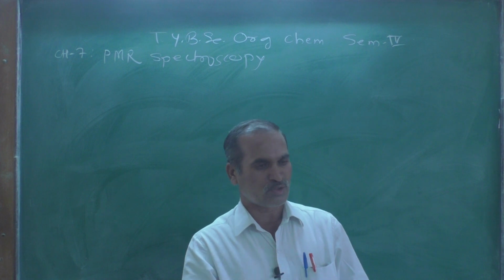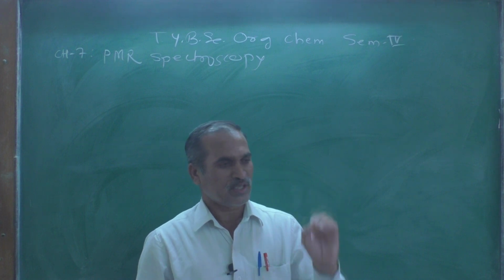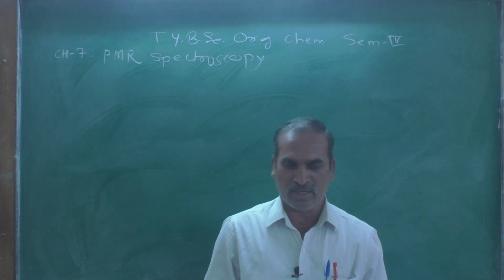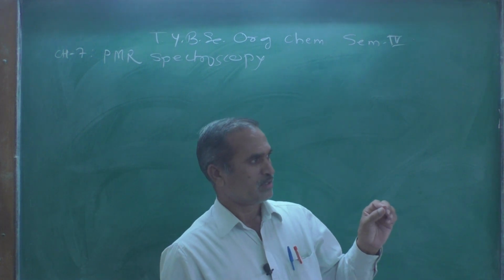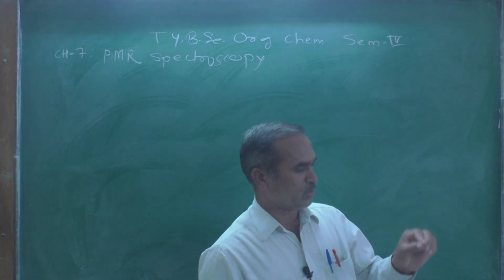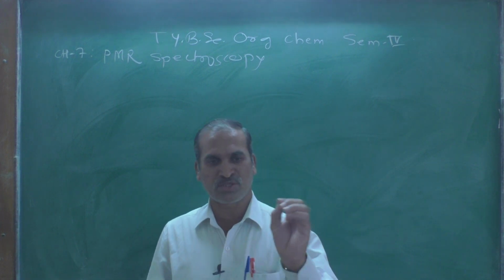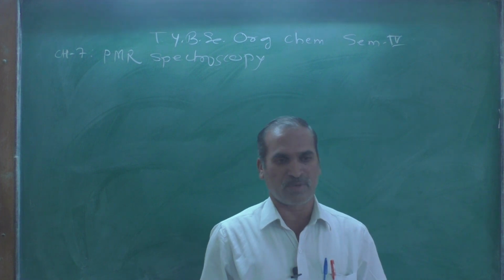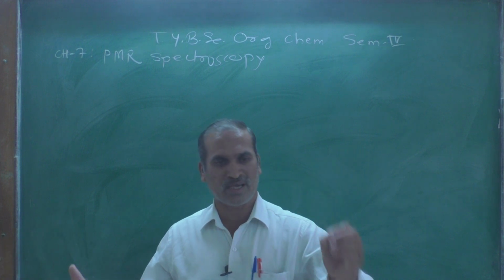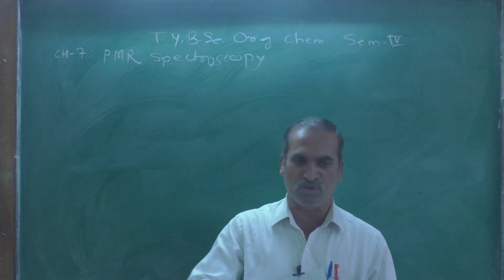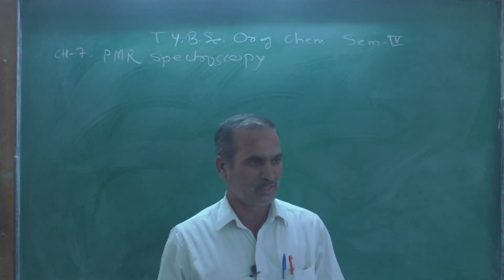Similarly, it also provides information regarding stereochemistry, specifically geometrical isomers. Rotation is restricted due to the presence of the carbon-carbon double bond, and this gives rise to different types of isomers, the geometrical isomers, such as the cis isomer and the trans isomer.